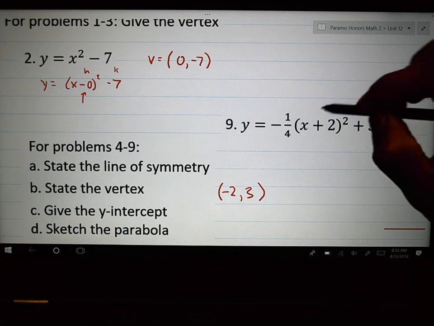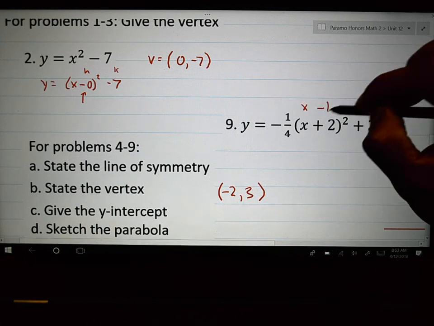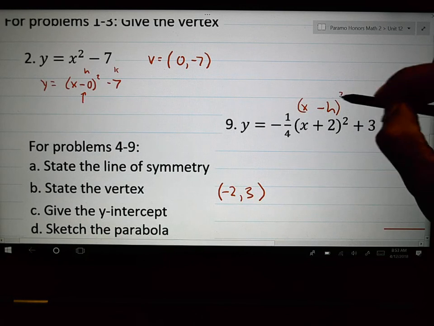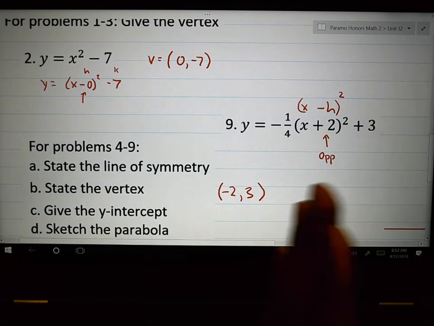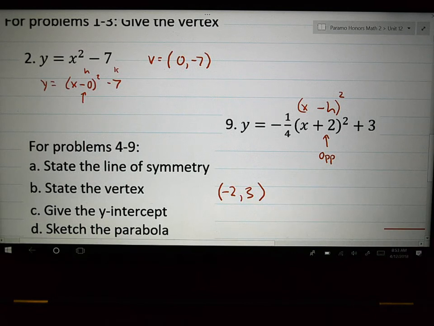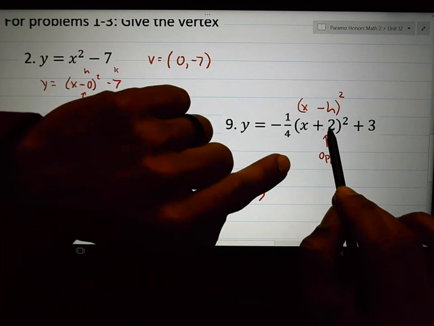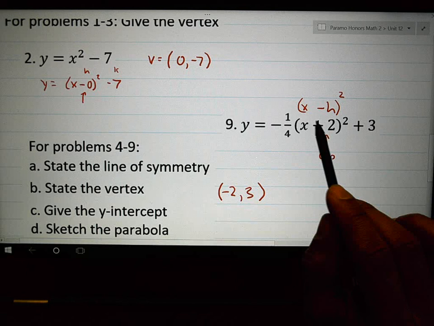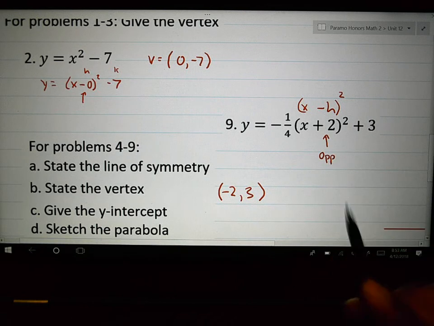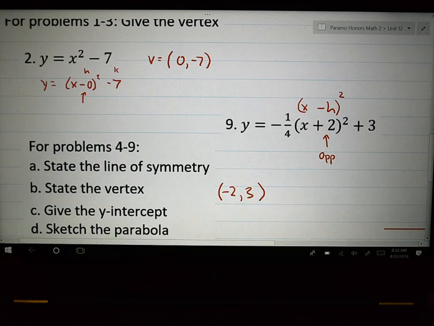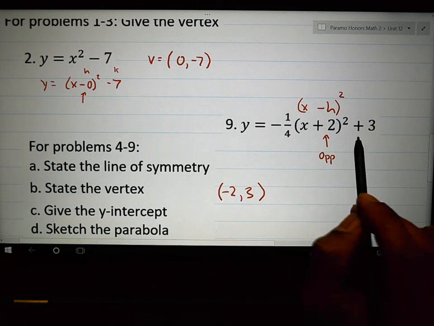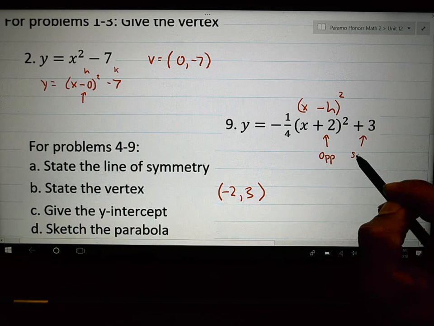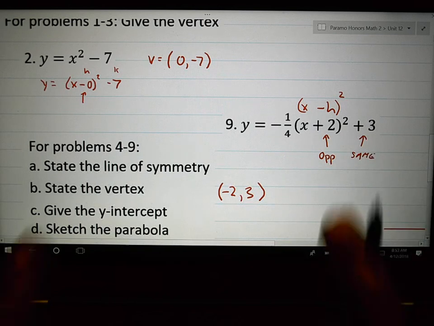But remember, because our formula says this, I have to do the opposite of whatever that value is. Meaning, if this says positive 2, guess what h is? h is the opposite of that positive 2. The only way to get to a positive 2 is to change its sign. The easiest way is just to go, opposite, negative 2. And then, this stays the same. Opposite, same in this form.